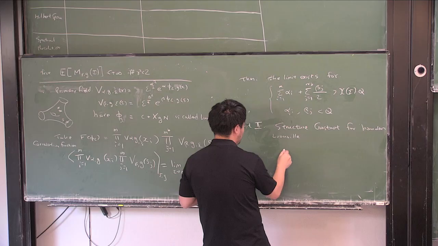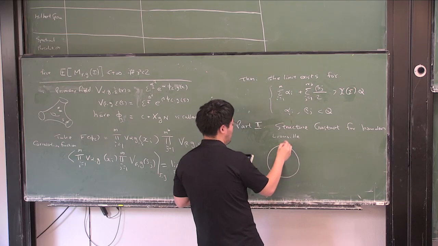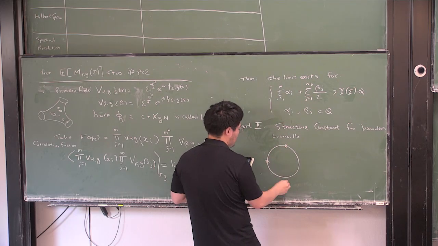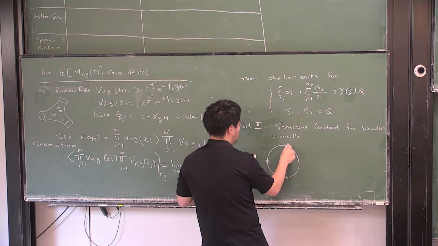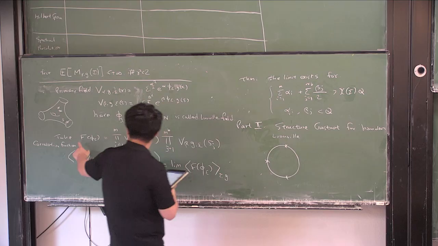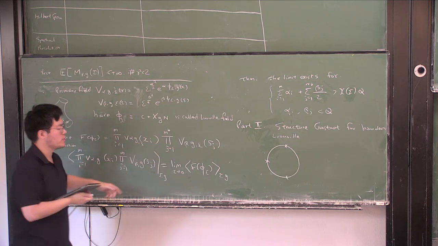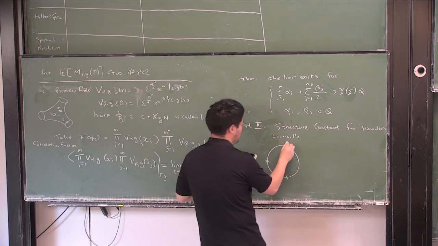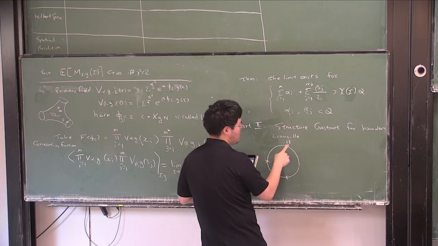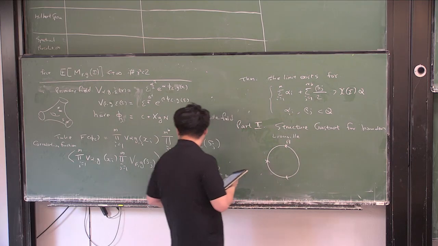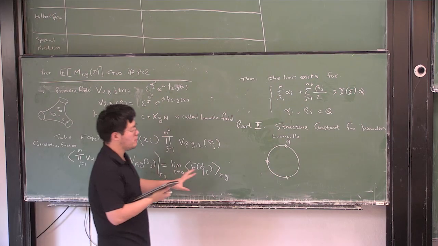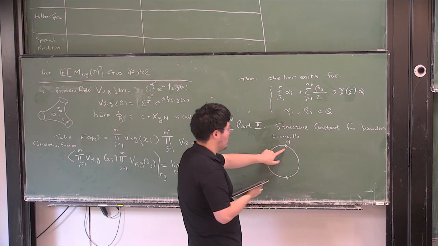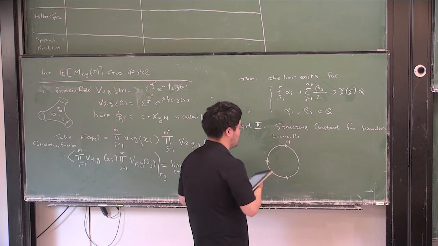There are two kinds. One is for the disk with 3 marked points, and you put some boundary primary field here. Like I put a beta 1, and the location is s1. But since we have Weyl anomaly and diffeomorphism invariance, we can already fix this like 1, minus 1 and i, something like this.